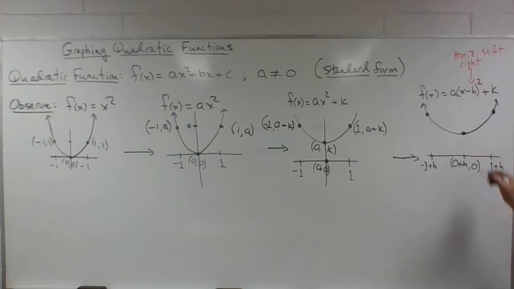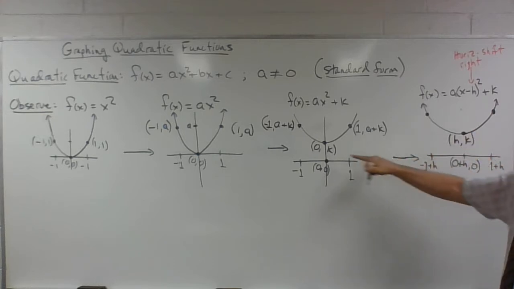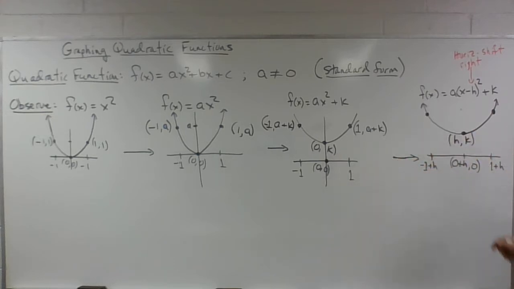And what do we have? 0 plus h is just h. We know this is 0 plus h, so let me just say that's h, 0. The y coordinate here is a plus k.